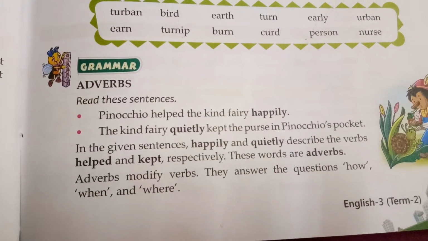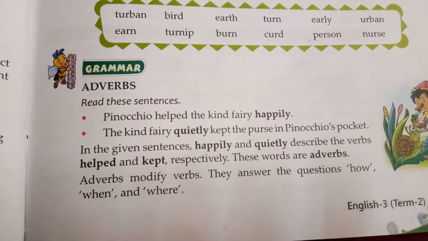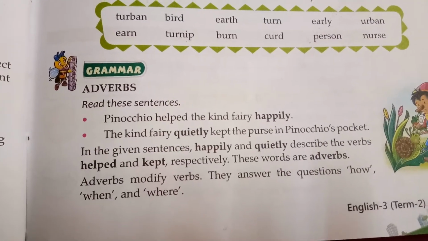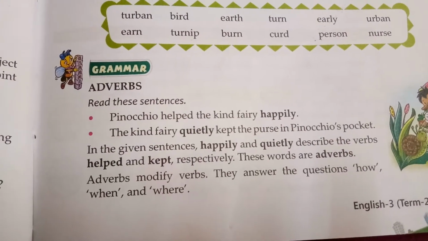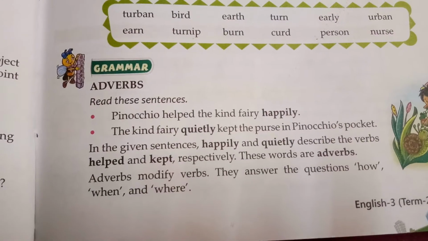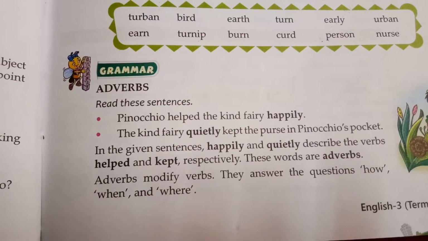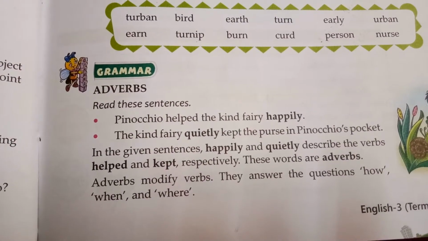If something is added to the verb, then it is called as adverb. This information you had to get till class 3. If you want to go beyond this, you can go to class 5 adverbs. So here I am giving you the information.